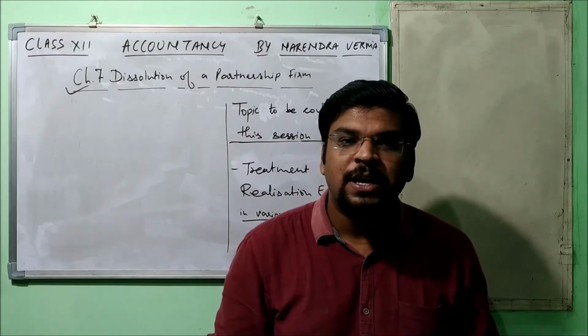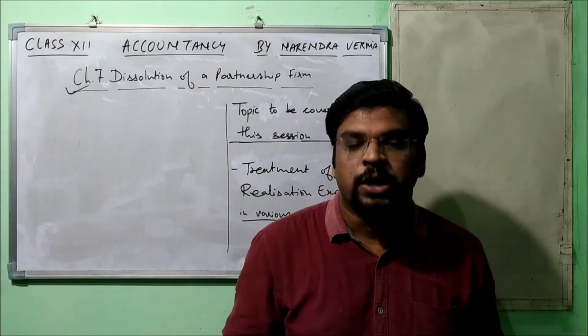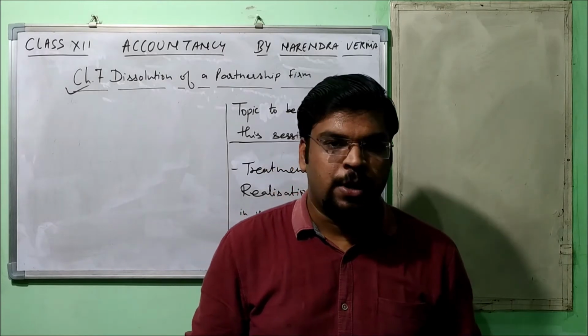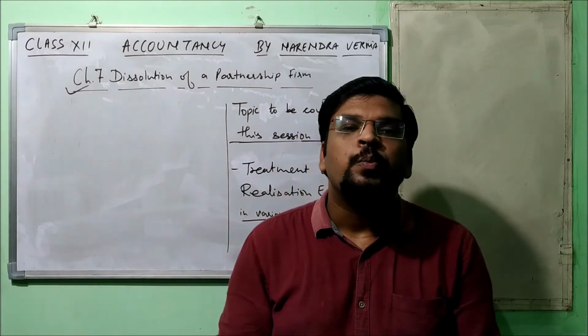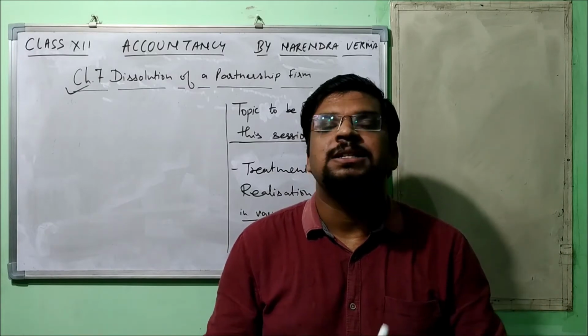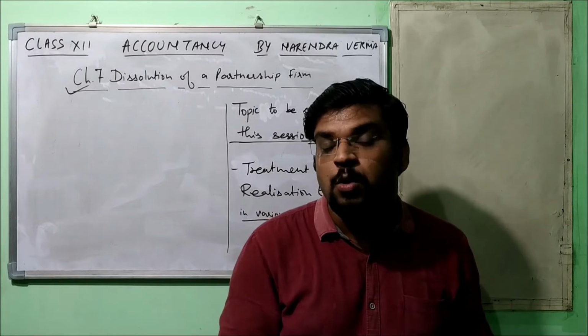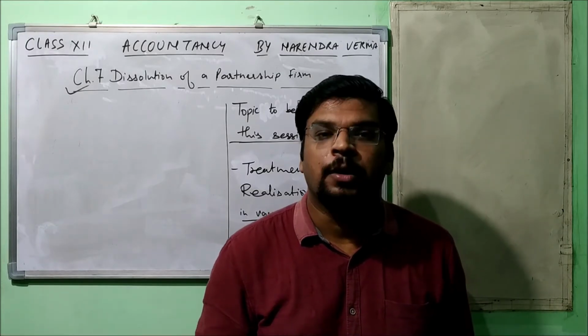Otherwise the remaining liability is borne by the owners, because under partnership we follow unlimited liability. But as long as the amount is available to pay all the debts, it is done. Even the partners' capital balances are paid if the amount is there. So it becomes the responsibility of the firm.